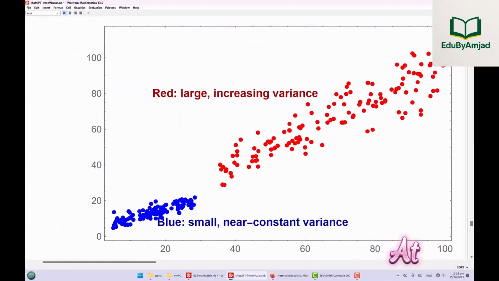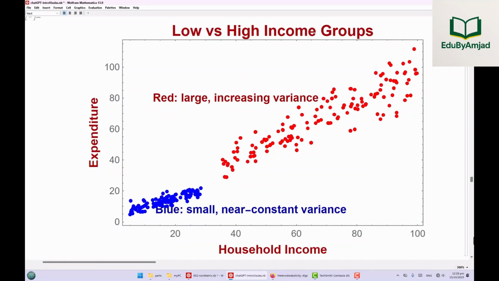Have a careful look at this graph as we discuss a few examples of economic variables that may fit into this kind of relationship. Assume household income is measured along the horizontal axis and household expenditure is measured along the vertical axis.